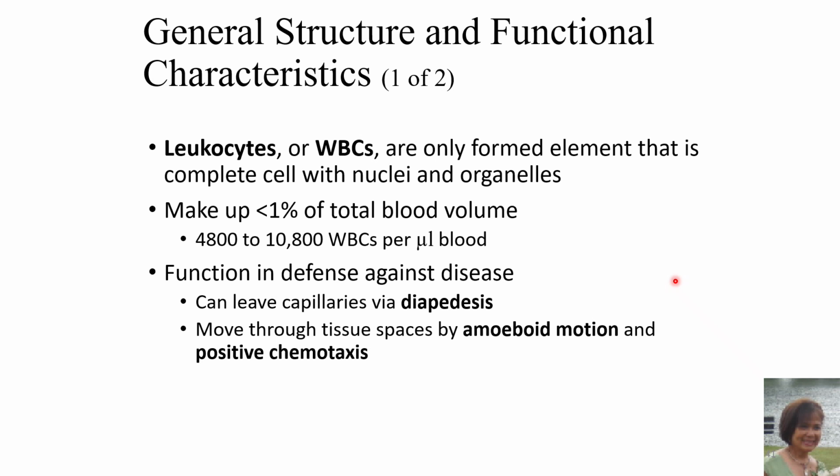They function in defense against diseases. They can walk out of the capillaries and into the tissues via diapedesis. They move through tissue spaces by amoeboid motion, and they can be attracted to chemicals, which is what you call chemotaxis.